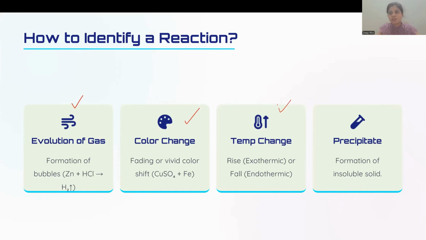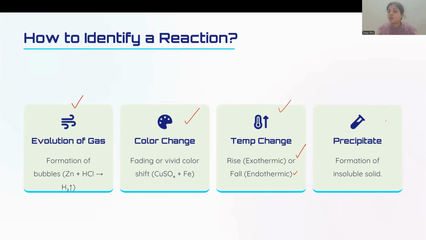See, for some reactions we are going to heat up the reactants to get the product. In some reactions, heat is evolved. We call that reaction exothermic, which evolves heat, and in some, heat is absorbed. They are called endothermic reactions.